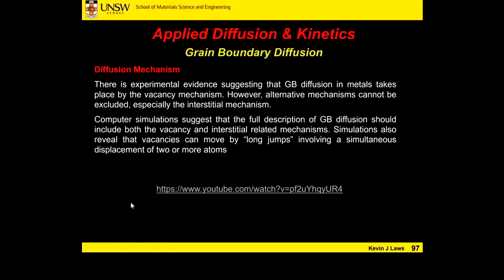Although we can't write off alternative mechanisms, especially interstitial mechanisms where atoms can actually fit through the gaps between other atoms depending on their size. Of course, our example here of carbon or nitrogen moving through steels is not uncommon. The size of an iron atom compared to the size of a carbon atom is quite different.